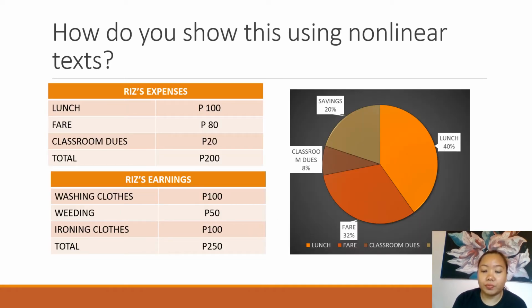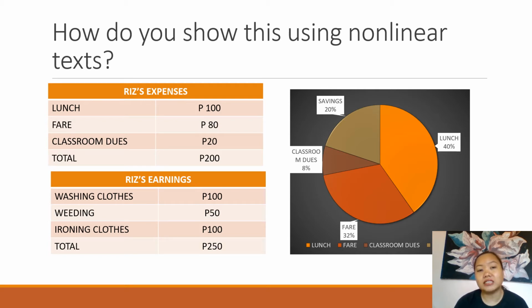Alright, so she gets that information. What do we do? How do we transcode? It really depends on the paragraph or the information or data that you have. There are many ways that you can show that information, so you just have to choose which chart or graph is appropriate for the information you have.